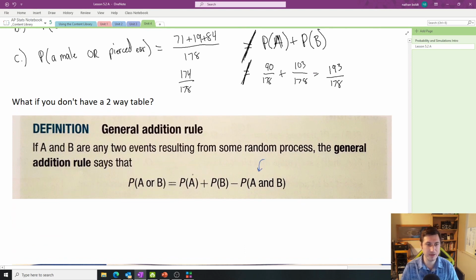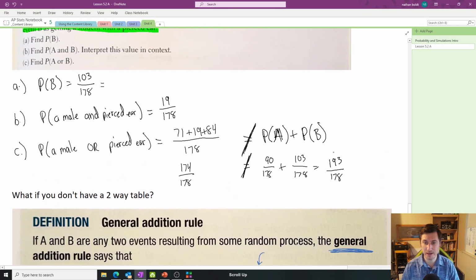If A and B are any two events resulting from some random process, the general addition rule says the probability of A or B is equal to the probability of A plus the probability of B, but then you have to subtract off that piece that you double counted, the probability of A and B. And then that fixes your addition rule.